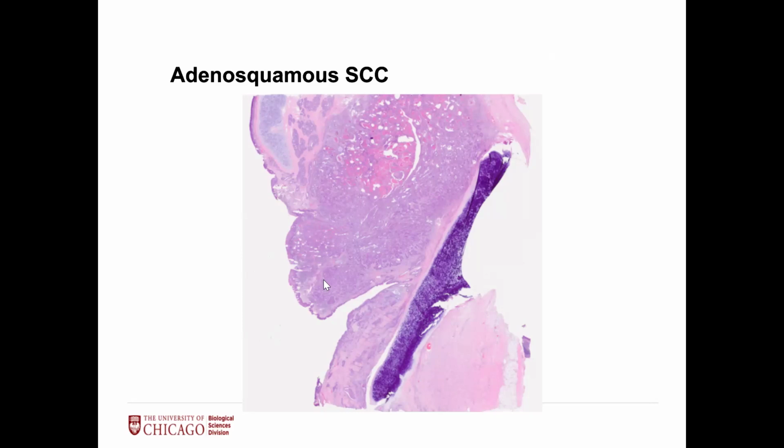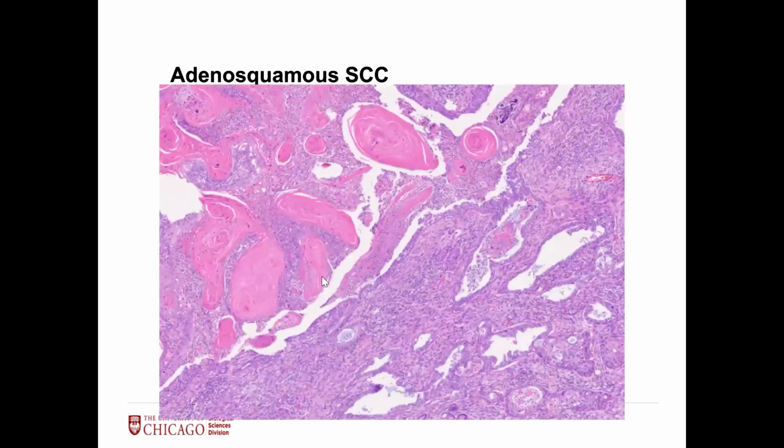I think that this is just one big adenosquamous. And here you can see true keratin formation versus ductal mucus-containing cells and things like that. So both components together.